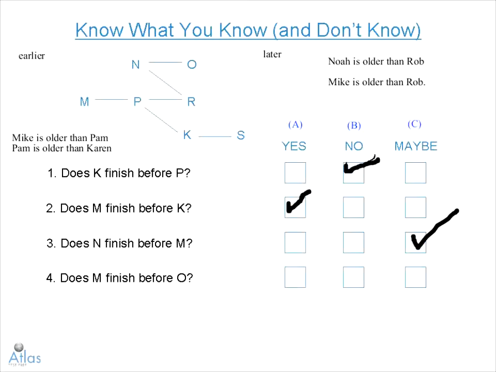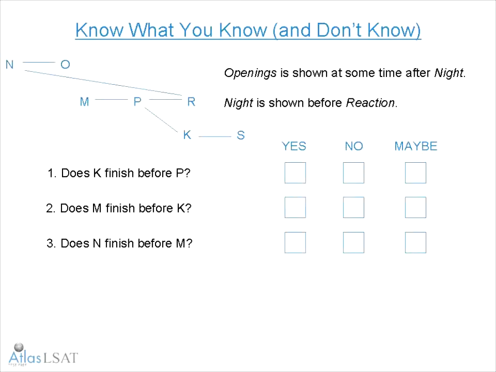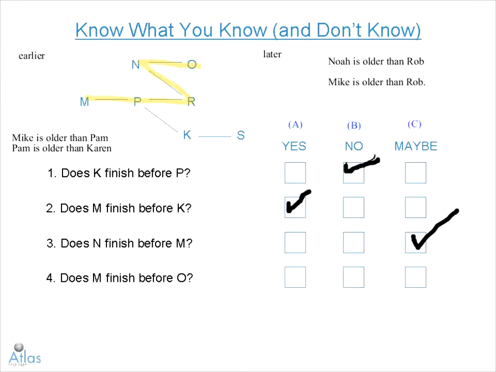A lot of correct answers saying maybe, because indeed, again, we have the zigzag. This zigzag allows for us to switch up the order of the elements connected by a zigzag. We could put O all the way back there. So again, the zigzag tells us it's a maybe.